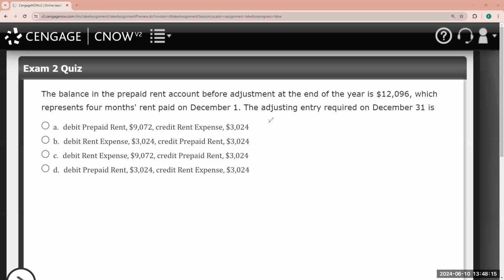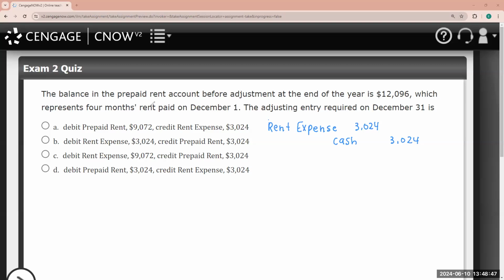We would debit rent expense for the $3,024, because a debit increases our expense account. And then we would credit cash. Again, this is if we paid on a monthly basis, but that's not the case.